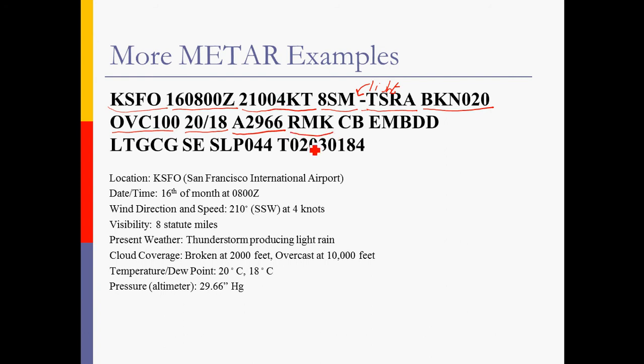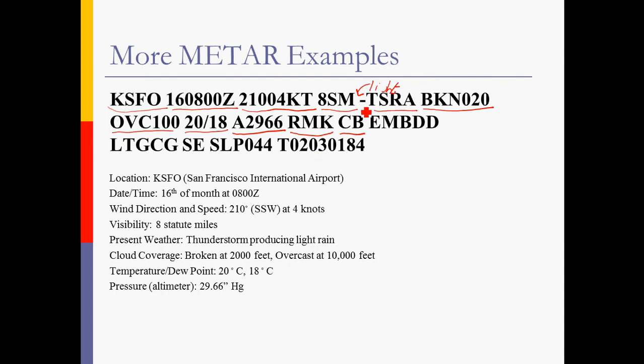CB. Any idea what this stands for? Turns out CB stands for cumulonimbus. And you may remember from Met 10 or a similar GE Introduction to Meteorology class that cumulonimbus clouds can produce thunderstorms. And so it makes sense that a cumulonimbus cloud was present, because remember the METAR told us that there was a thunderstorm observed producing light rain, right?